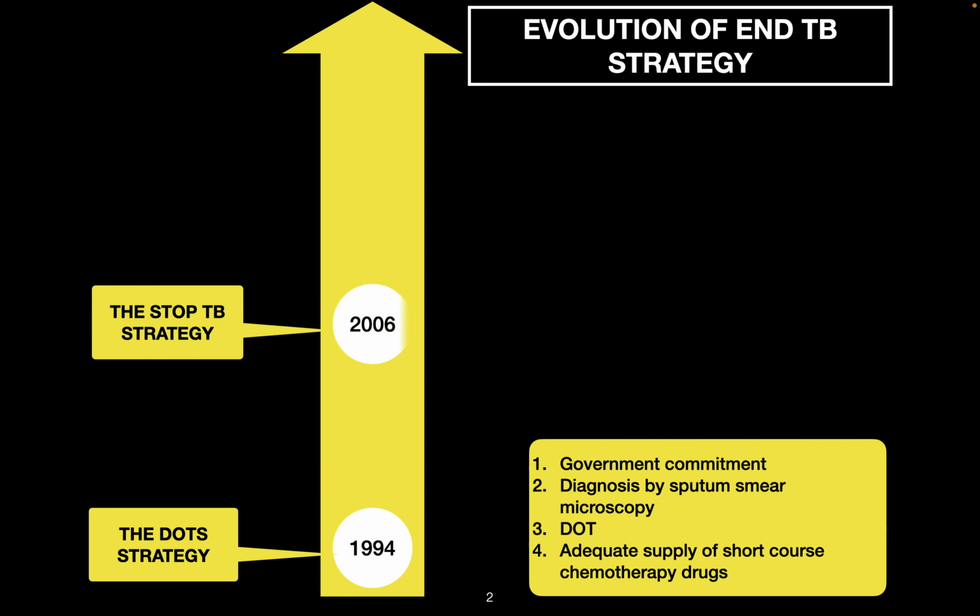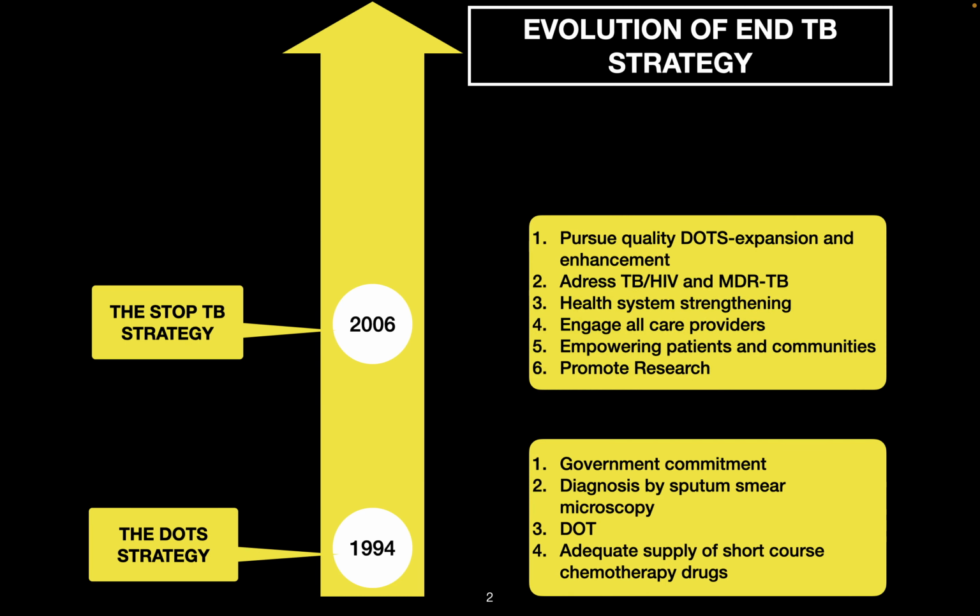And gradually in 2006 we had the Stop TB strategy. Now this Stop TB strategy is just an extension of the DOTS strategy, and it talks about how we can expand and improve the quality of the DOTS which we were providing. We also started talking about TB-HIV co-morbidity and drug resistance, basically MDR-TB, at that moment of time.